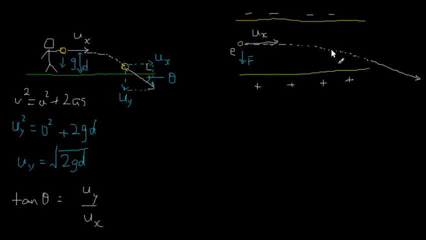Now if you compare this description with throwing a ball horizontally, you can see that they are very similar. If we had a different mass for the electron, we would have a different force on the electron. But apart from that, the physical idea is very similar.